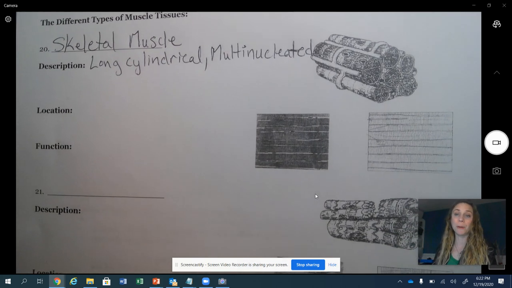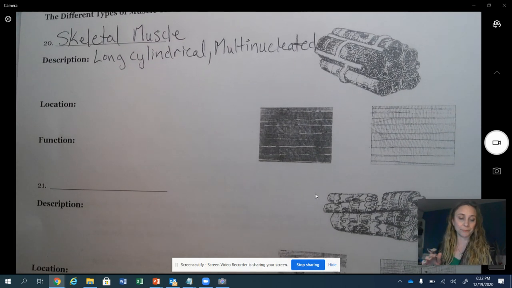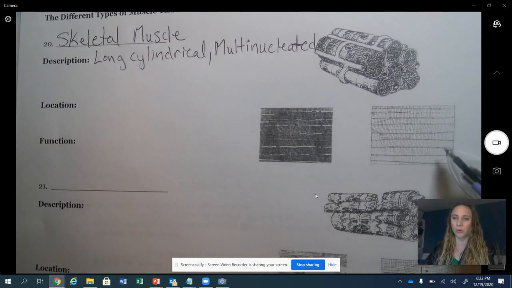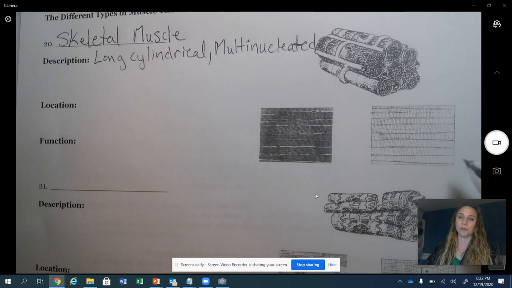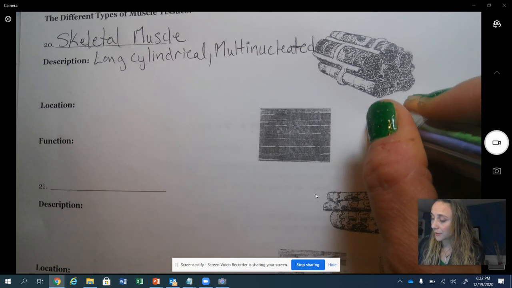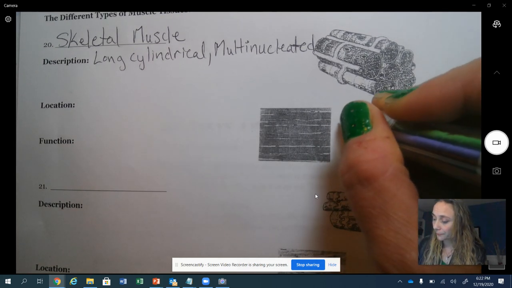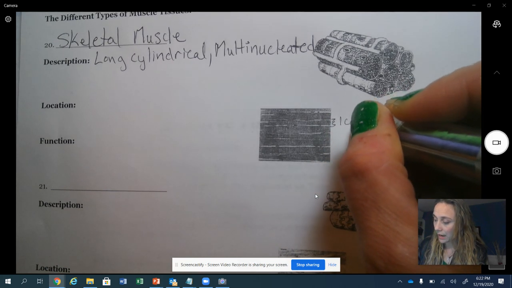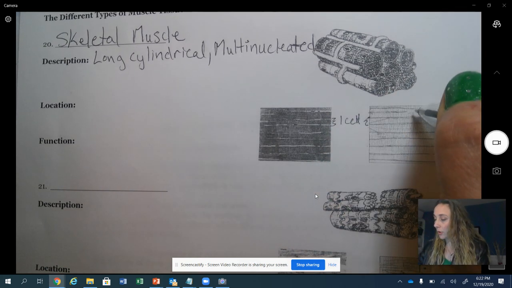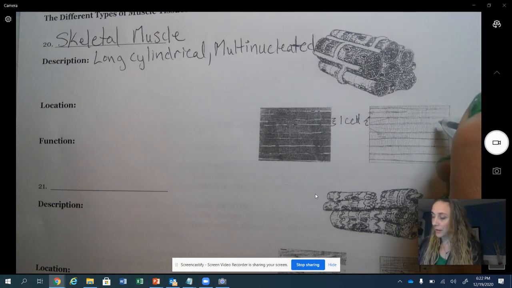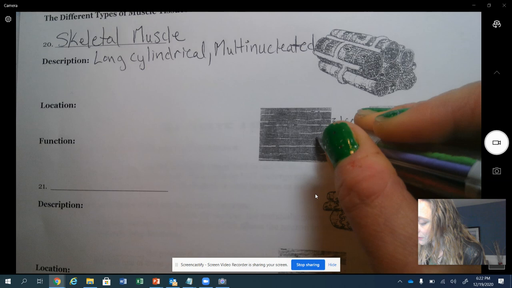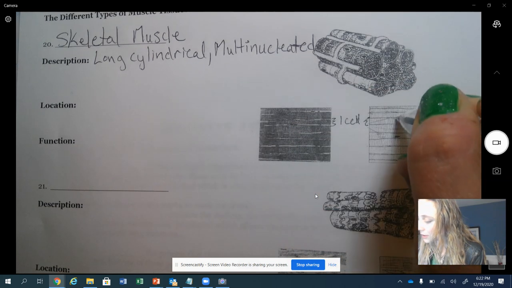Okay, so we have some pictures here. You can see that the cells, for starters, are all parallel and pretty close to the same thickness. They're long and cylindrical. Each one of these is a muscle fiber, so like one cell. And then the nuclei, you can kind of see a little bit in the picture. It's harder to see, but I could still see it on my copy here.